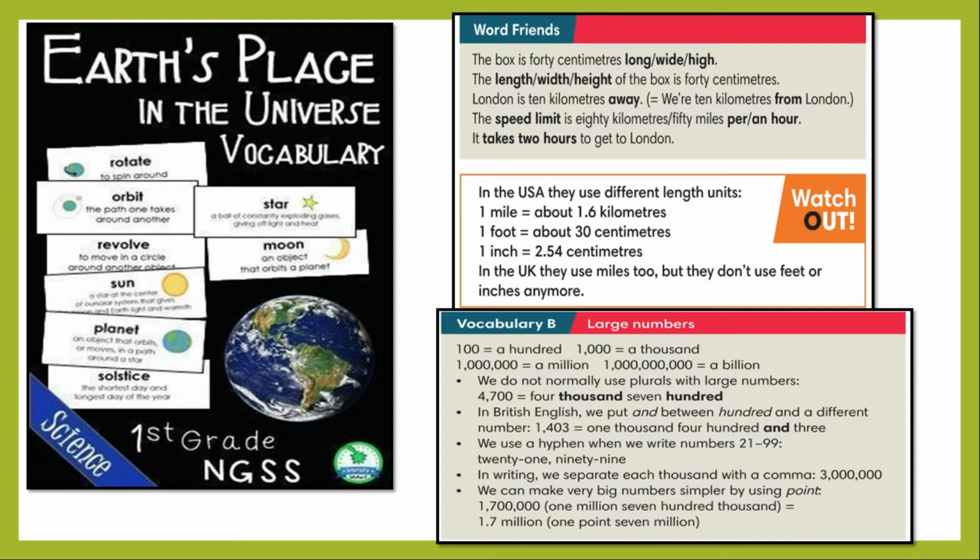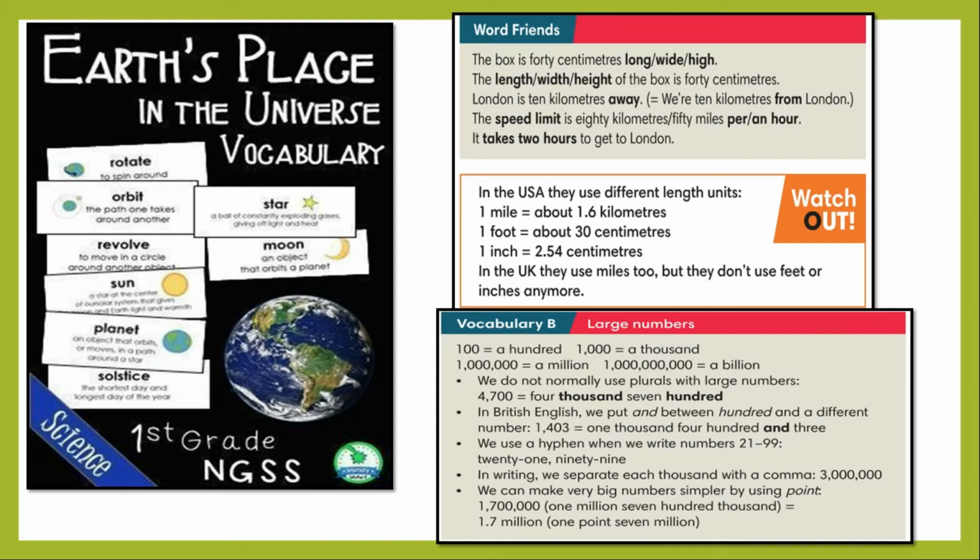So I'll repeat, okay? We can make very big numbers just by using points. 1,700,000, I just put 1.7 million and that's all. And we all understand clearly. Right? Good. So this is the first part of the new topic that we are going to be studying and developing in the next class, of course.